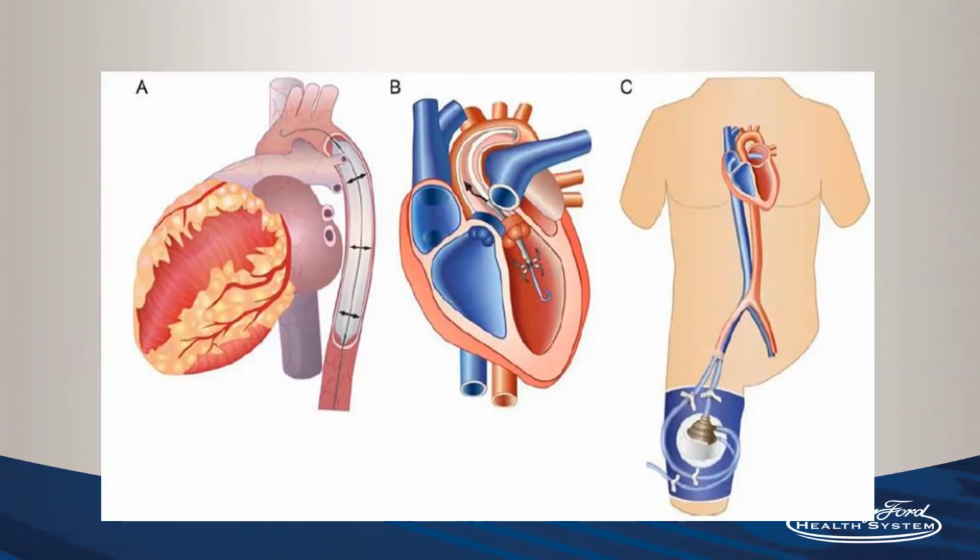And how does it assist? Exactly. So it is our most powerful afterload reducer. I like thinking about it like that because you see us hammering them with nitrites, ACE inhibitors, ARBs, ARNIs, and all the afterload reducers. This is a super afterload reducer, and that's how you get the increased cardiac output.